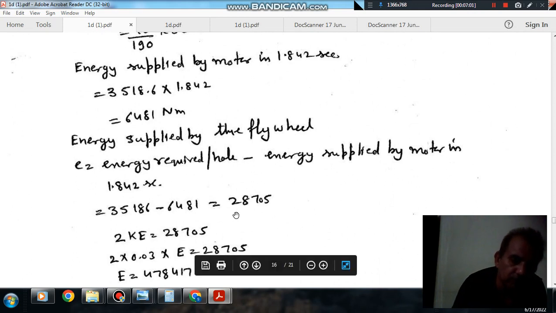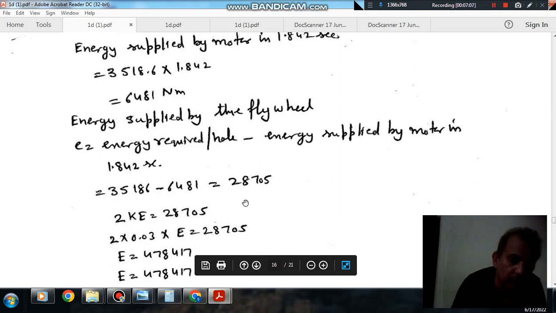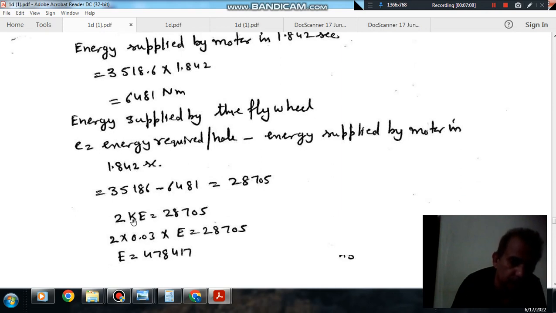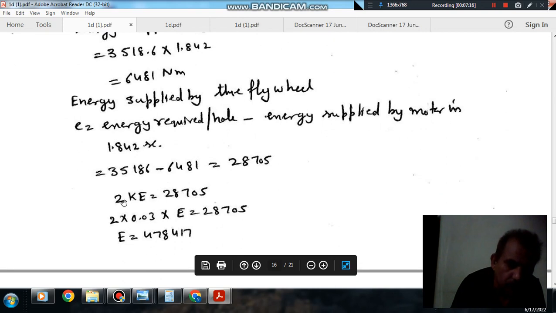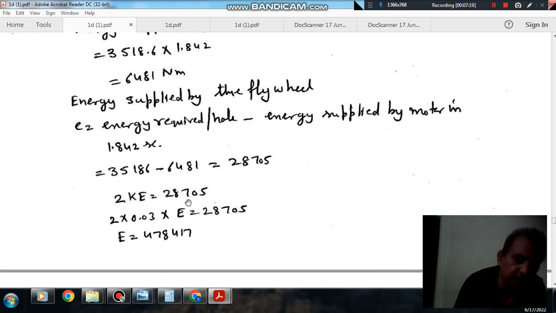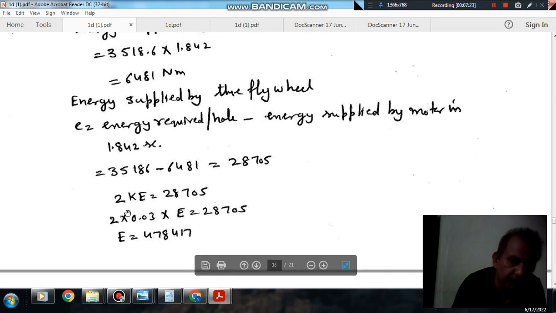So the fluctuation of energy is 28705 Newton meter. This fluctuation of energy is given by 2 into k into E, where k is the coefficient of fluctuation of speed and E is the mean energy.